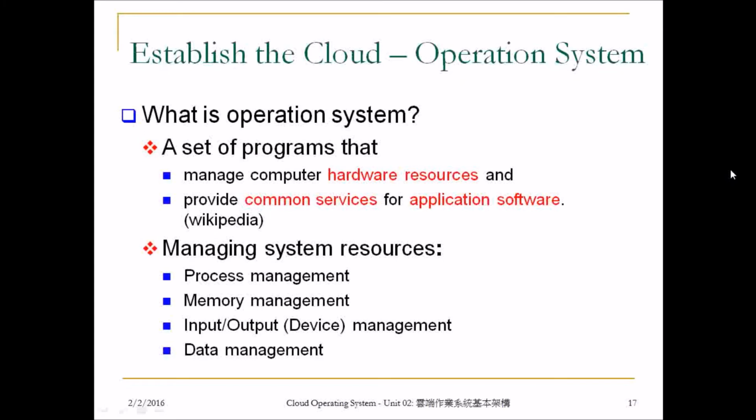Now, what is the operating system, especially in the cloud platform? The cloud operating system is a set of programs. First, this operating system should manage the computer hardware resource, collect all the computing resources as one computing resource pool, and also provide a common service for application software.